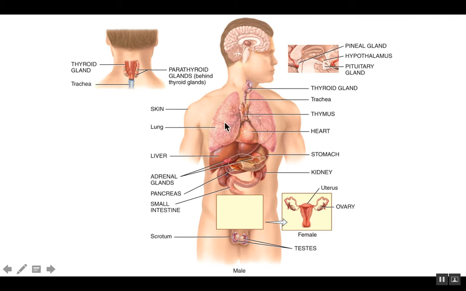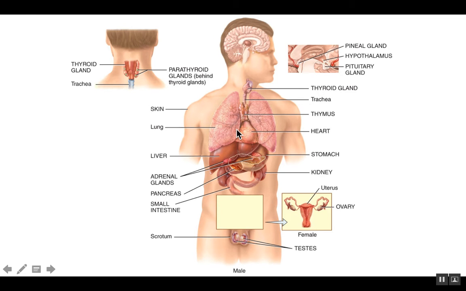Moving down into the chest, we see that there's an organ sitting atop the heart known as the thymus. The thymus participates in the immune system, but it also produces hormones.